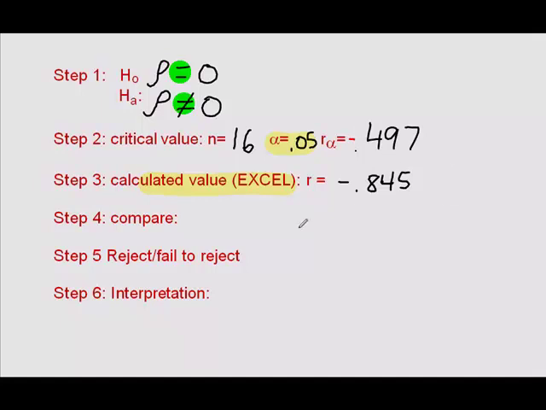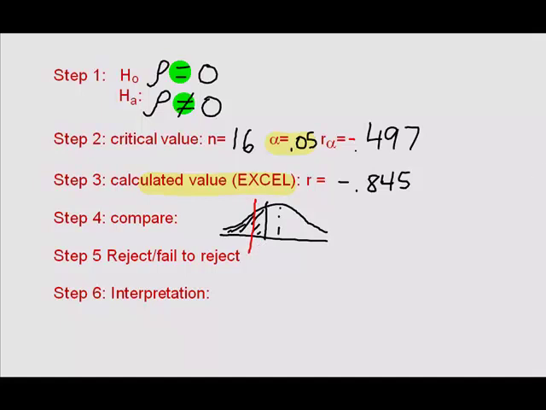In our comparison, our bell curve, here's the mean, negative 0.497 would be here. Shaded is our rejection region. Negative 0.845 falls way over here in our rejection region.